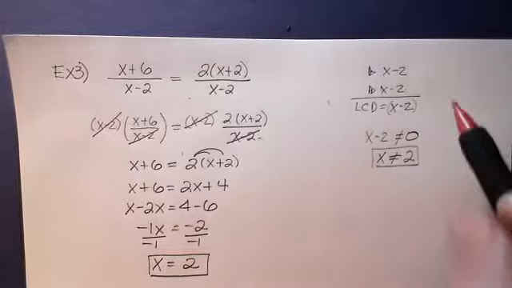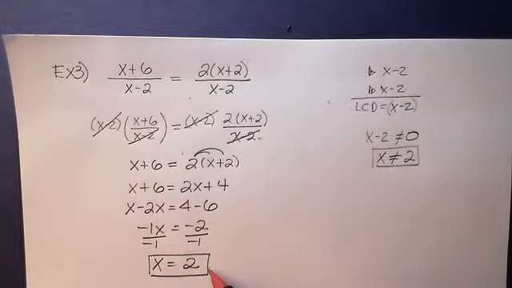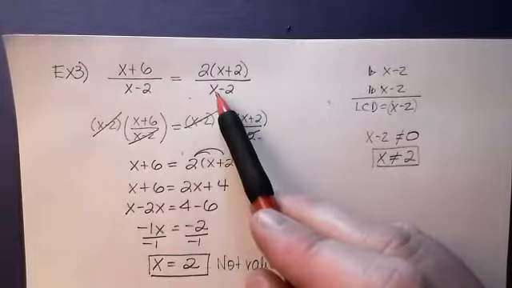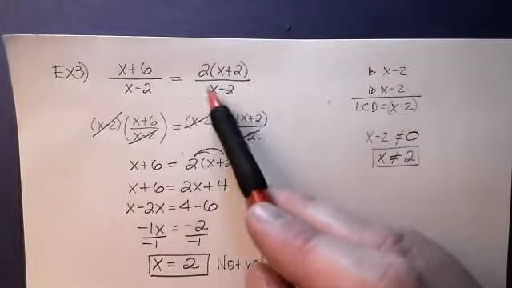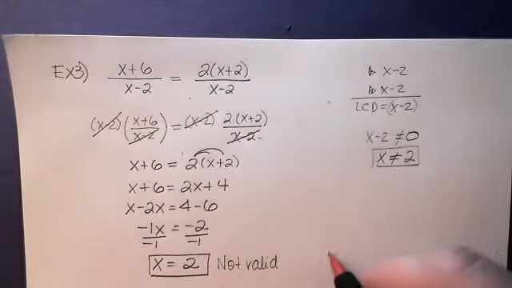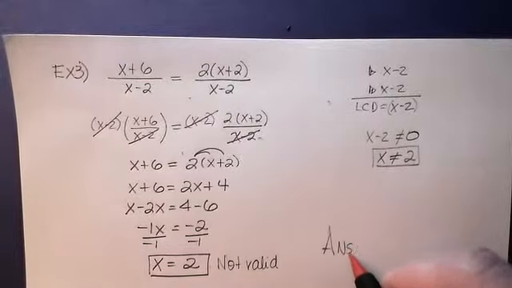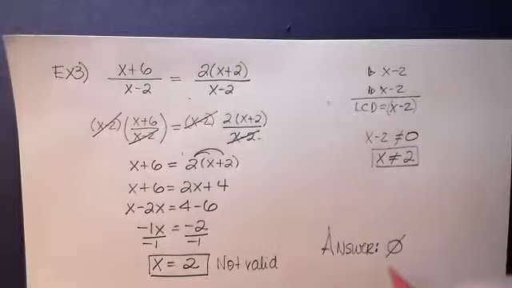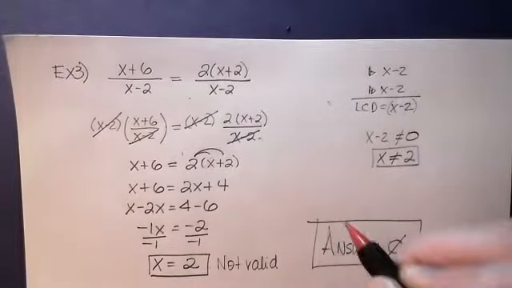And that happens to be the answer that we got. So that means this is not valid. Okay, the reason why it's not valid is because if I plug in a 2 right there, 2 minus 2 is 0. I cannot have a 0 in the denominator. So in other words, the answer for our problem here is no solution. Okay.